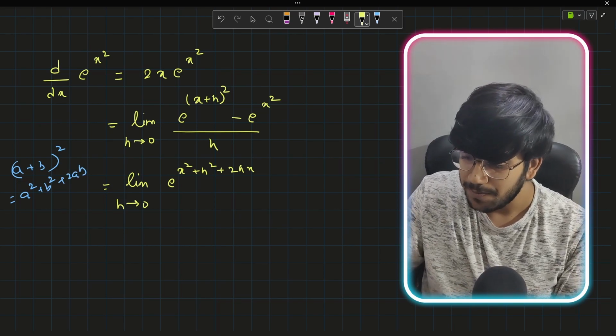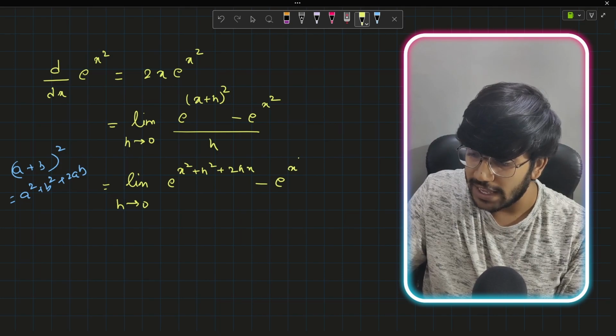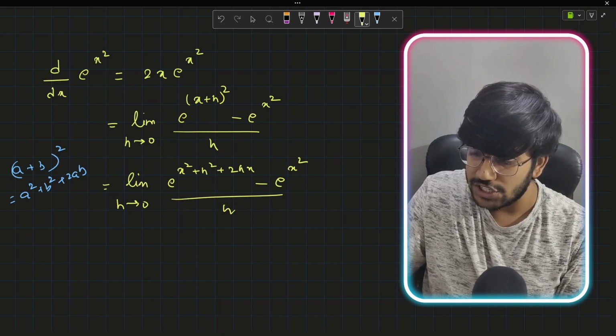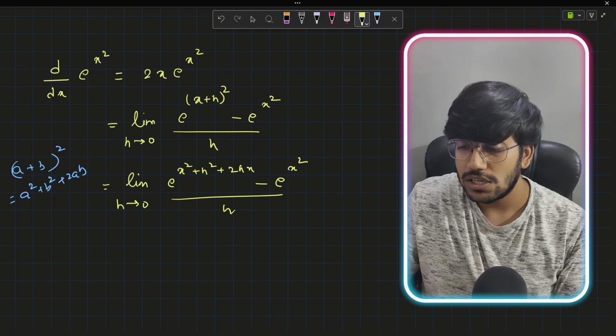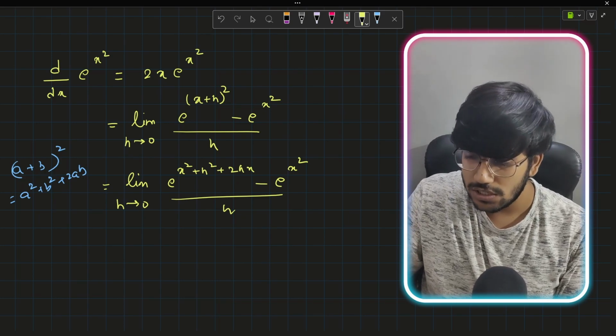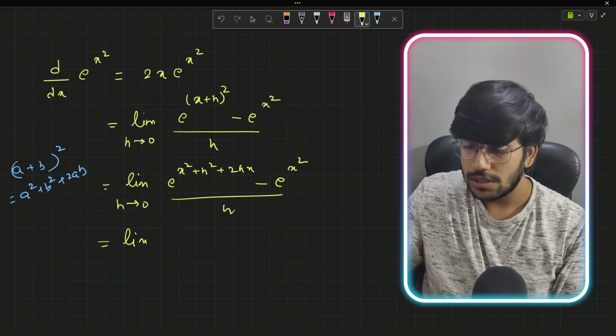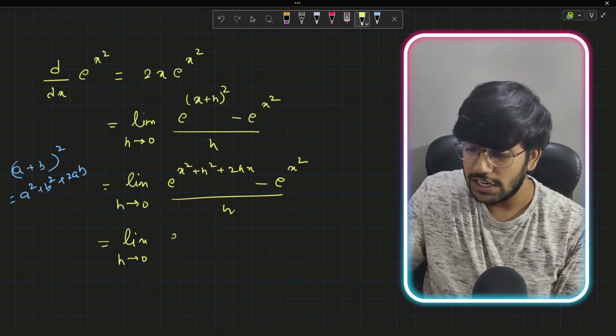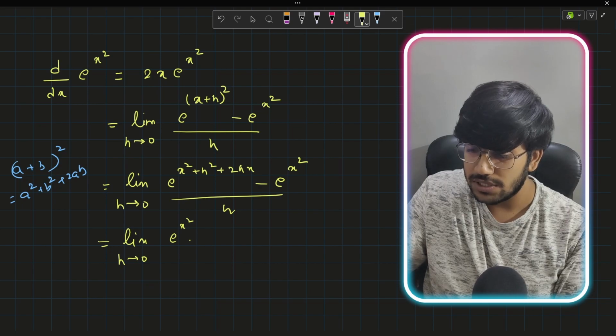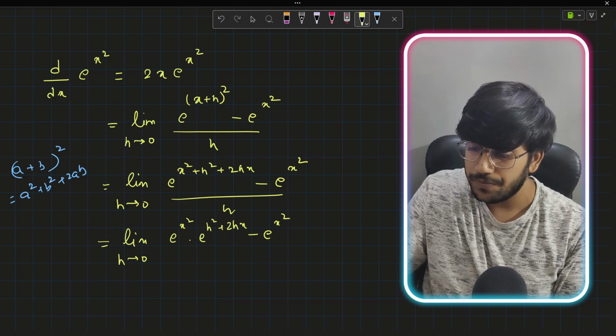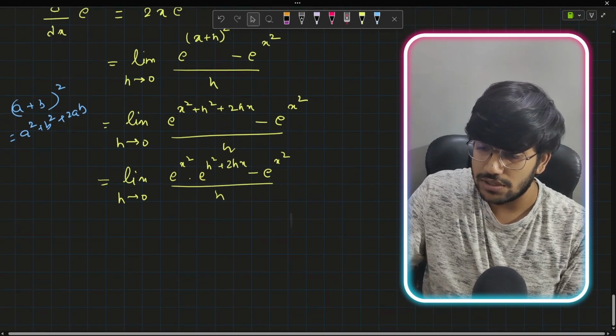Anyways, minus e to the power x square over h. Now let's use the laws of exponents. This is equal to limit h tends to 0, e to the power x squared times e to the power h square plus 2 times h of x, minus e to the power x square, over h.